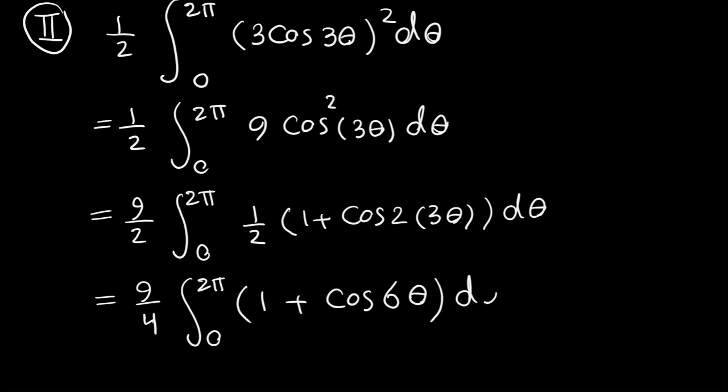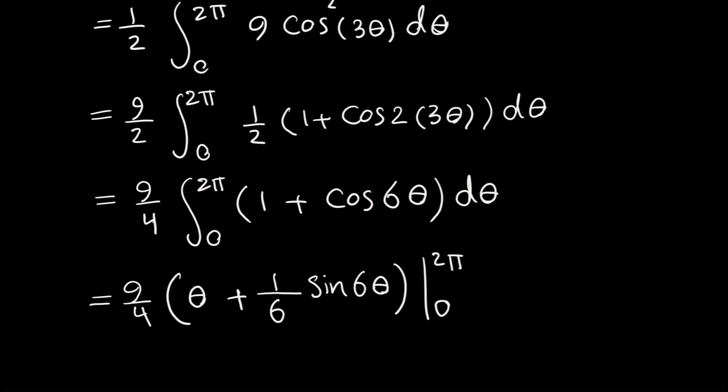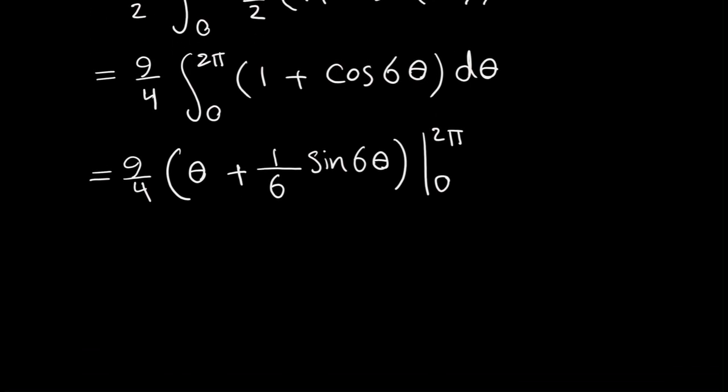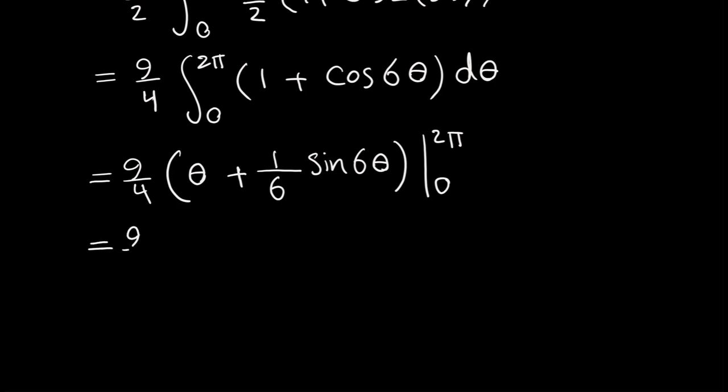Let's take the integral of each of them separately. Integral of 1 d theta is theta, and integral of cosine of 6 theta is 1 over 6 sine of 6 theta. And for the next step, we plug in 2 pi and 0. 6 times 2 pi is 12 pi, and then subtract.